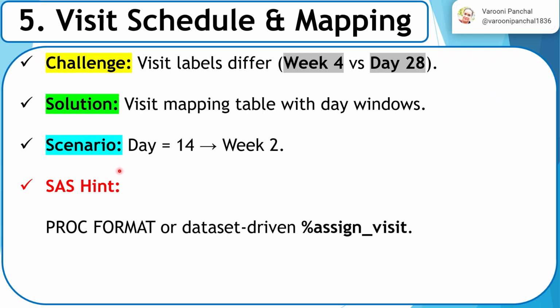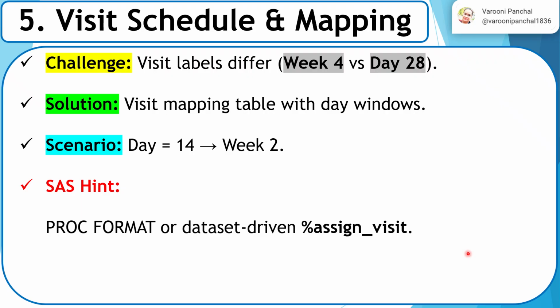So say, for example, I have a scenario which is day 14, it turns to week 2. So you can use proc format or a dataset driven &assign_visit. Again, you can create this macro. Now this macro is just a name which is given; you can create your own macro.